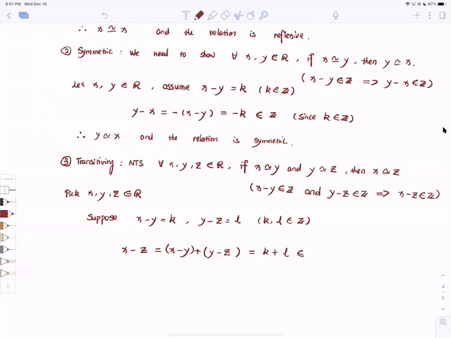This is definitely an integer, since k and l are integers. Okay, so this shows that x has a relation with z, and the relation is transitive.